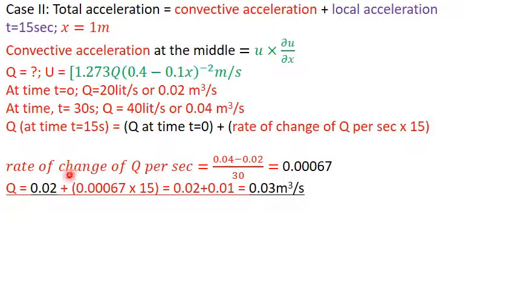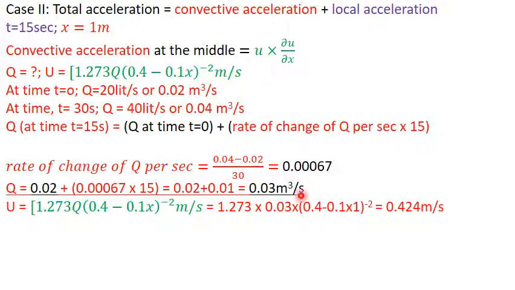So rate of change of Q per second is obtained by finding the difference between the two discharge values, dividing by the total time. Then the new discharge at time t equal to 15 seconds is 0.02 plus the rate of change of Q per second multiplied by 15, that comes to 0.03 meter cube per second.